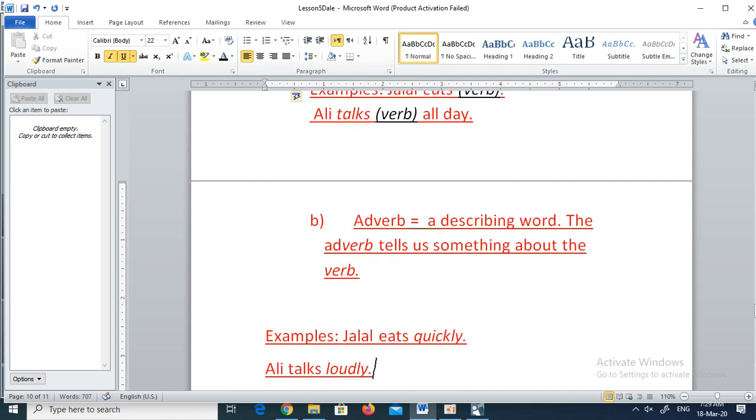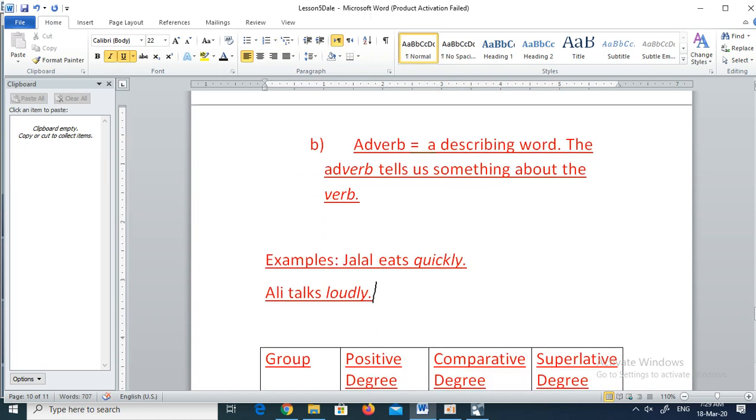So, if we start off with an example like Jalal eats. Eats is the verb. I then add another word, quickly, and that tells me how Jalal eats. So that is an adverb.